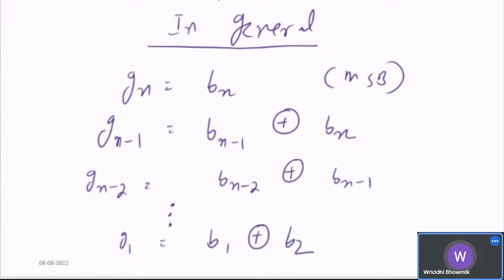In general form, if small n is equal to 7, what will happen? G7 is equal to B7, G6 is equal to B6 exclusive or B7. So you just put the value of n, and you will get your particular gray code.